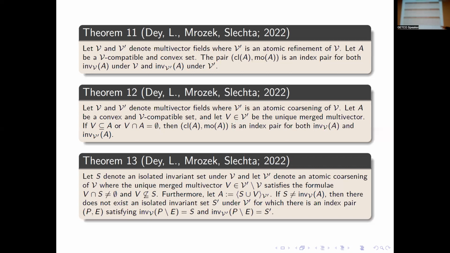But theorem 13 also states that if we are not able to continue using this protocol, then it is impossible to go further at all, meaning that we are encountering a bifurcation-like event in the multivector field.